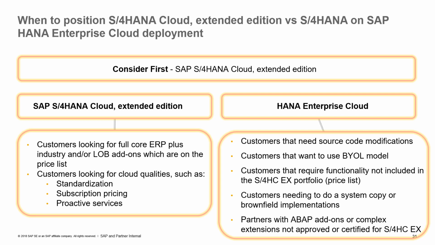Customers require functionality that is not included in the S4HANA Cloud extended portfolio on the price list, so if you see that it's not included nor on the 2020 roadmap, and the customer absolutely needs that S4 solution, and it's approved for HEC, you may consider putting S4 on HANA Enterprise Cloud.